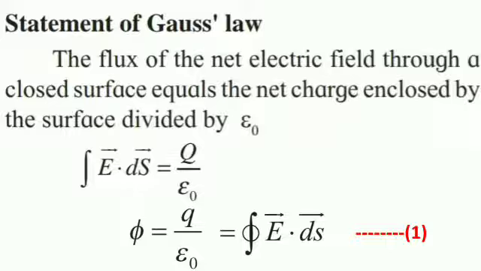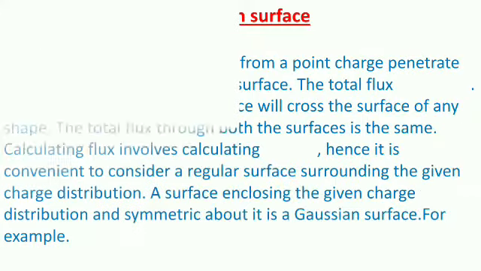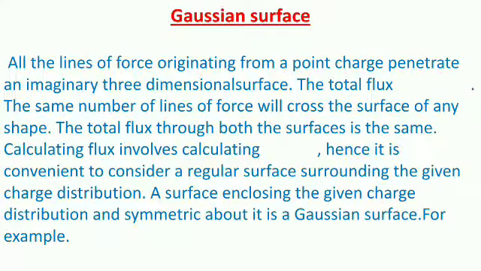What we have to study in class 12 is the application of Gauss's law. But before starting with the applications, we have to see what a Gaussian surface is. All the lines of force originating from a point charge penetrate an imaginary three-dimensional surface.